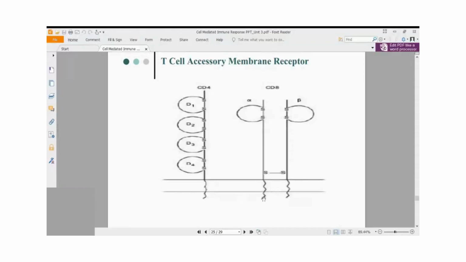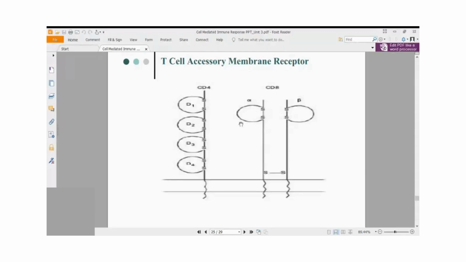Each of those loops will have about 60 to 70 amino acids, and altogether the entire CD4 protein chain would contain about 300 amino acid residues. Similarly, in CD8, each of the alpha and beta chains would contain about 300 amino acid residues.